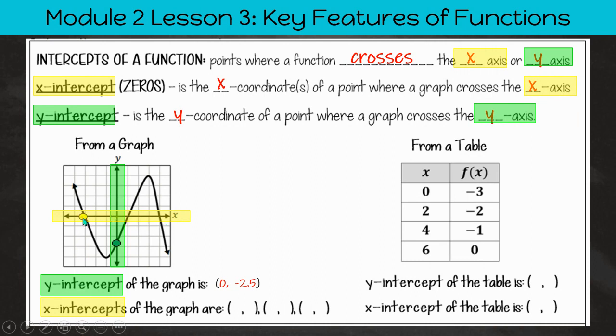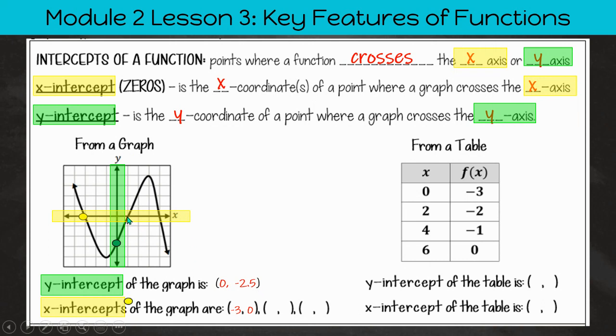So first, let's label this point. Here on my x-axis, the y is always going to be equal to 0. So I'm going to start here and count on my x-axis: -1, -2, -3. So the value of this point is going to be (-3, 0).